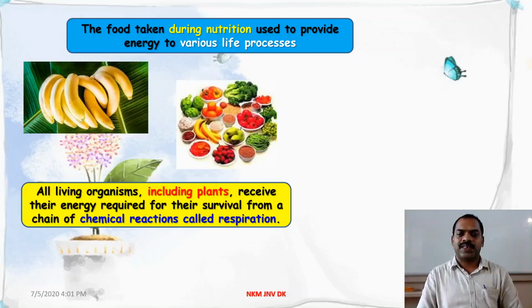The basic respiratory process is the same in plants as well as animals. Not like nutrition, where there are different types of nutrition. But respiration does not have that much diverse types. Let us see what the various types of respiration are.